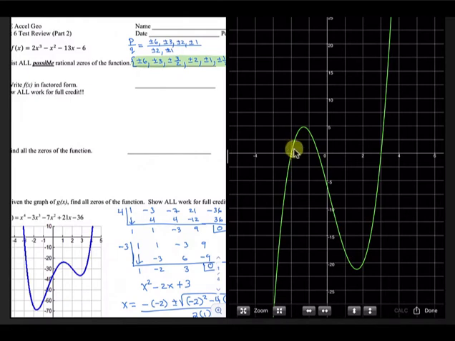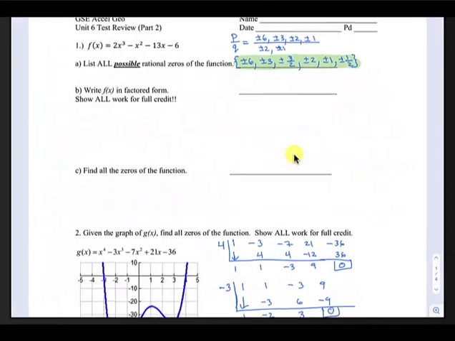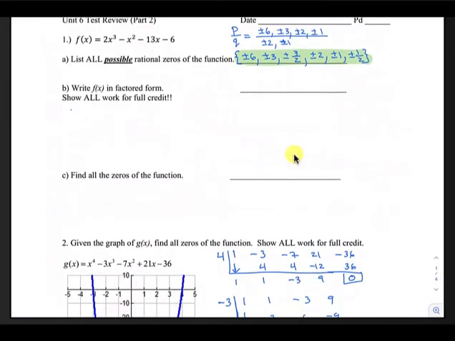So let's use the zero of -2. We will use -2 on the outside and do the synthetic process. Our coefficients are 2, -1, -13, and -6. We bring the 2 down and then we multiply and add the rest of the way.